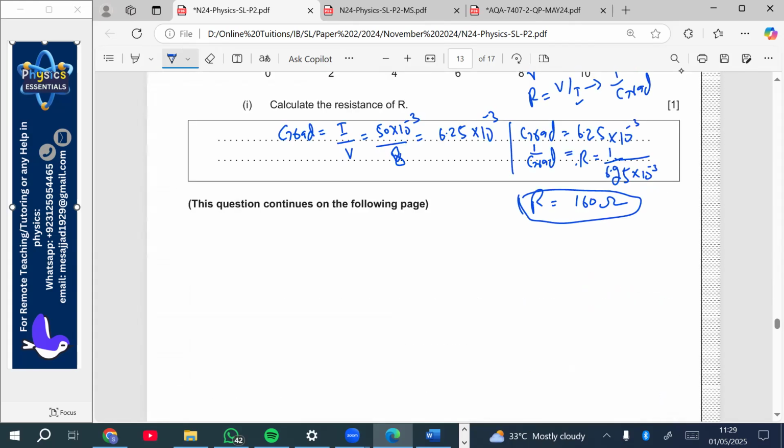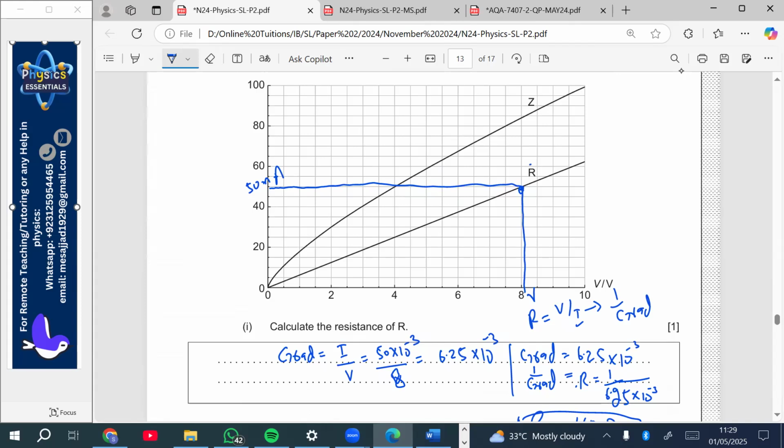So let's go to the graph and see. For example, R's value here is 8, and for the same point, for Z it's 4, you can see, right? So that is an ideal point, I believe. Let me change the color. That is your VZ and that is your VR.